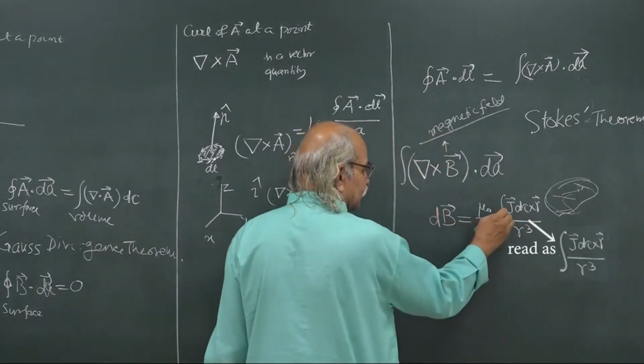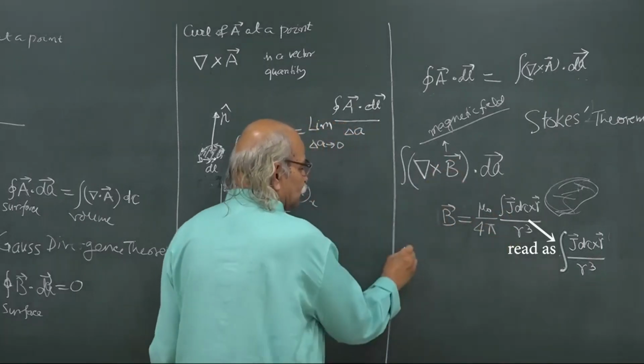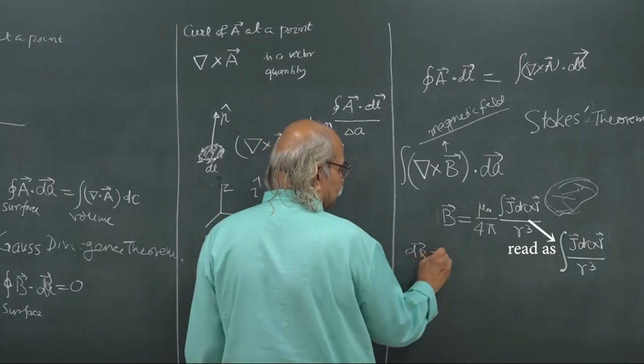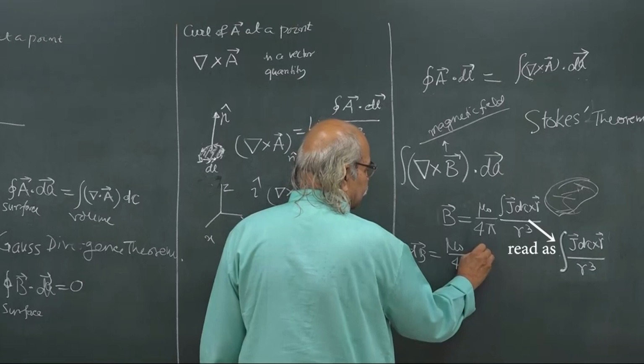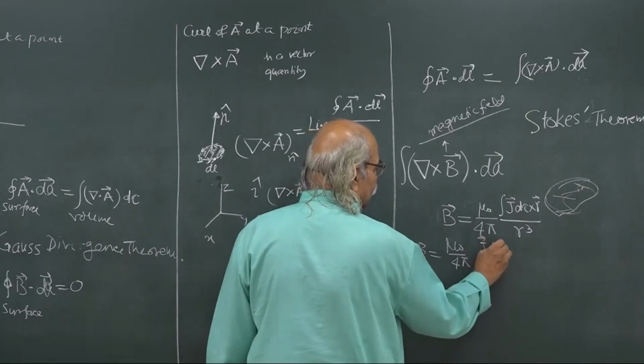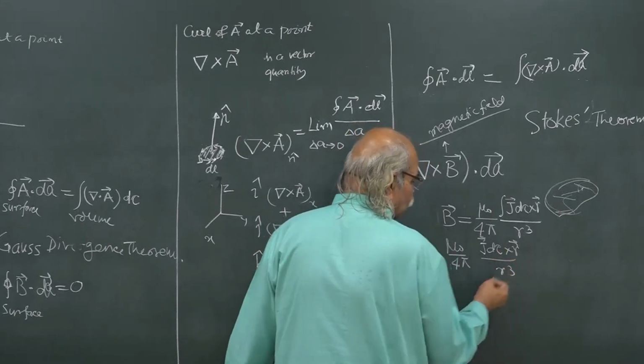This is B vector, integration you have taken. So, this is B vector. Your dB vector was mu naught over 4 pi, then the current element cross R and divided by R cube.